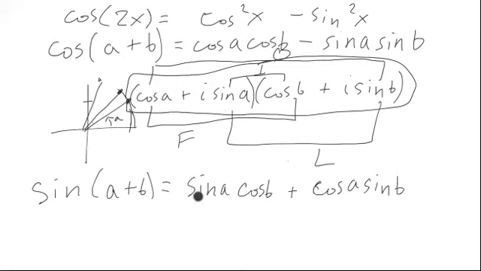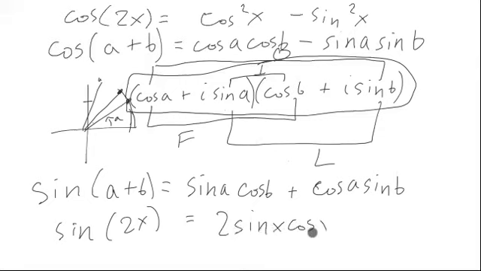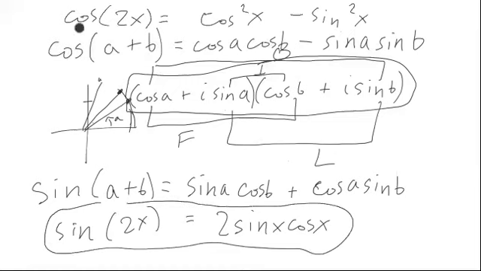Similarly, over here, what would sine of 2x be? A and B are both x, so that's sine x cosine x plus cosine x sine x. These are the same, it's just double, so 2 sine x cosine x. This is an important identity, and this is an important identity.